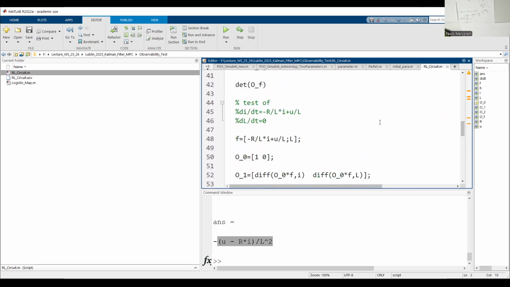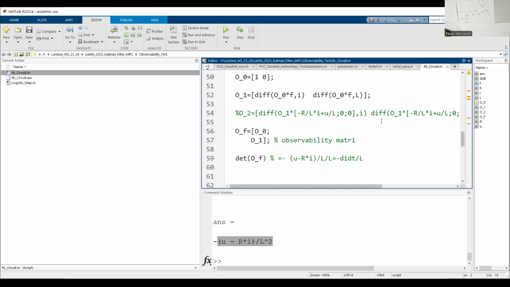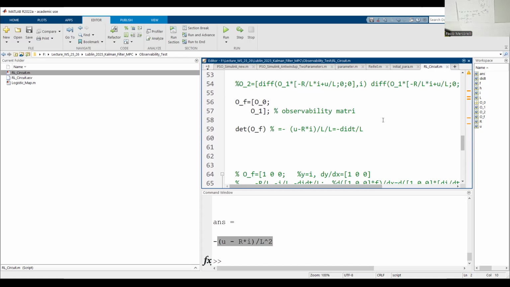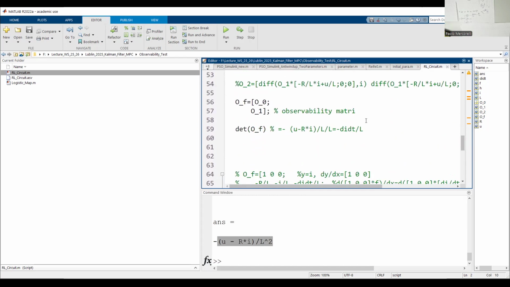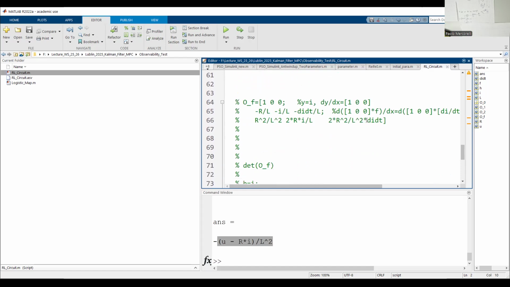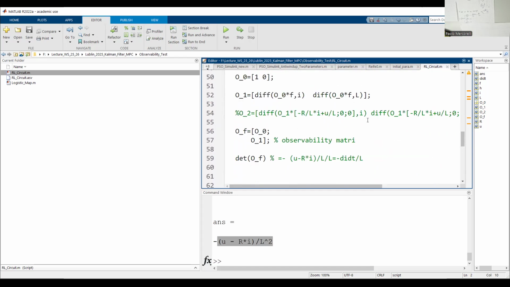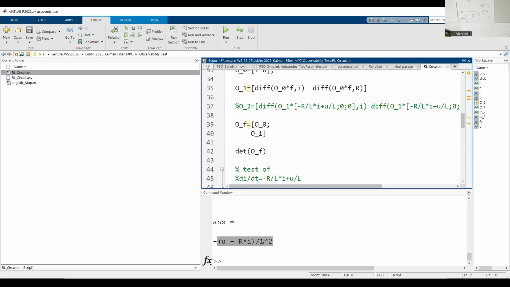This means, nevertheless, it's constructive because we know something which we can do. For instance, put some noise in the input such that the derivative of the current is not zero. Let me see the last sentence for you.